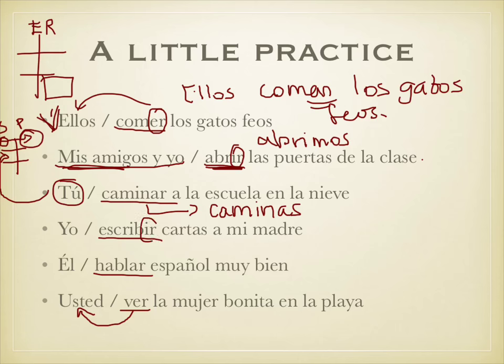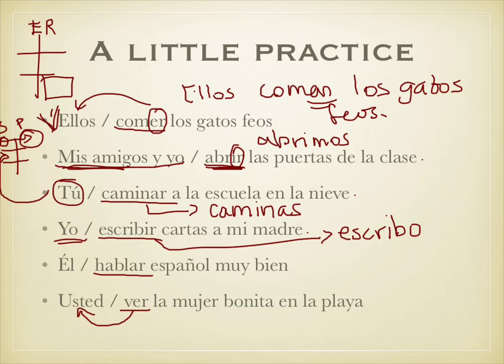Now, this is an IR verb, and so we're going to change it accordingly. Basically all the yos are the same. Yo ends with o. Listen to that rhyme. So, it's going to be escribo. So it would say, yo escribo cartas a mi madre. And then we put a little dot at the end, or period, showing that the sentence has ended.